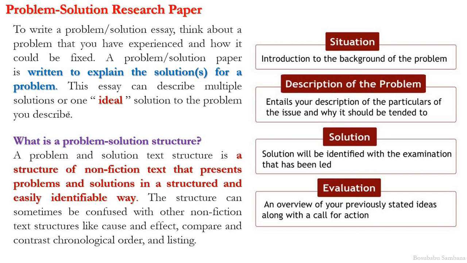The problem solution structure is situation, description of the problem, solution, and evaluation. Generally, we must identify the situation: introduction to the background of the problem, that is situation, and description of the problem. Initially, your description of the particular issues and why they should be tended to.